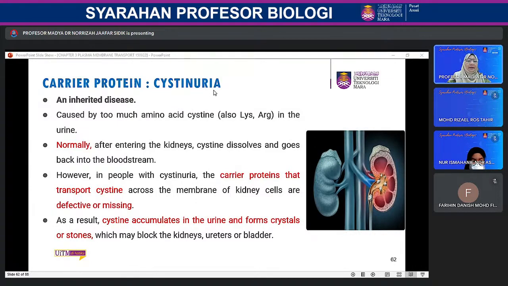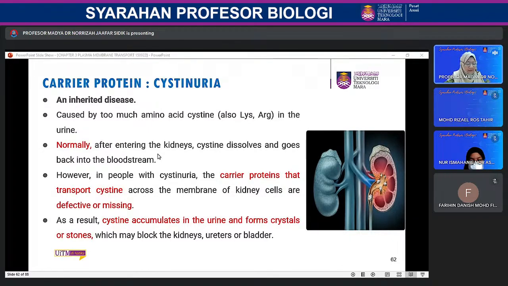This disease is caused by too much of the amino acids cysteine, lysine or arginine in the urine.